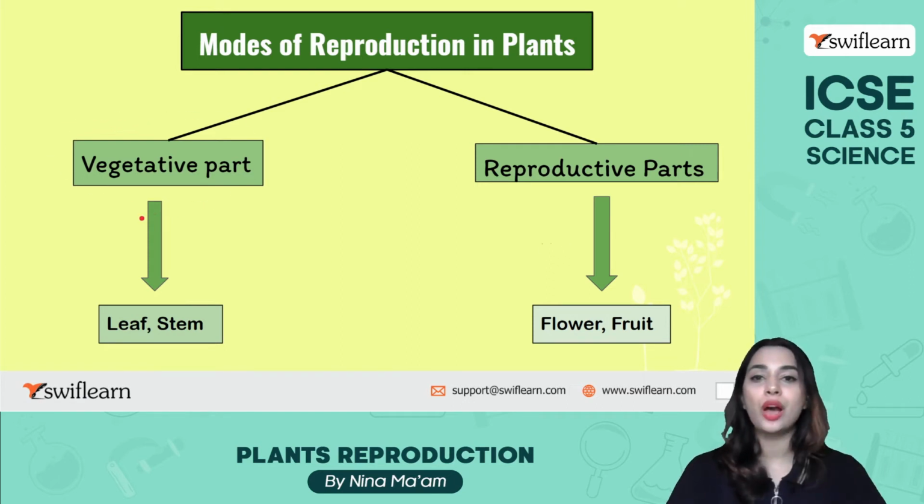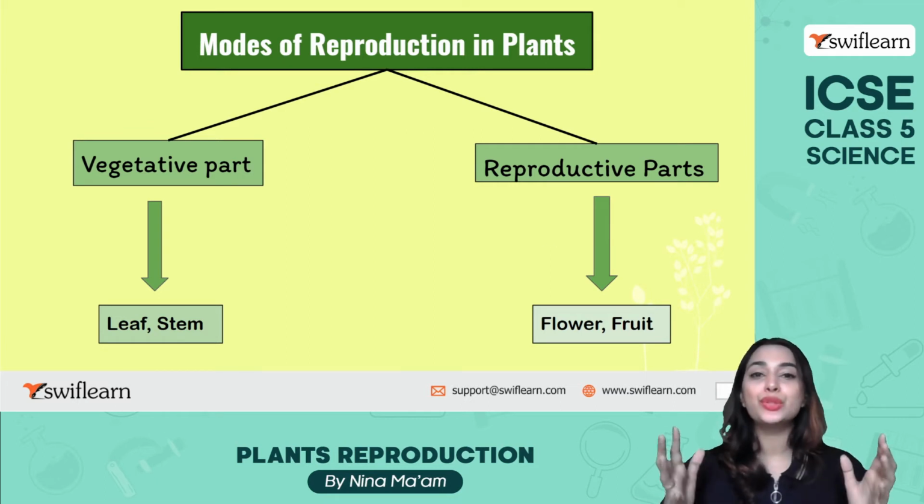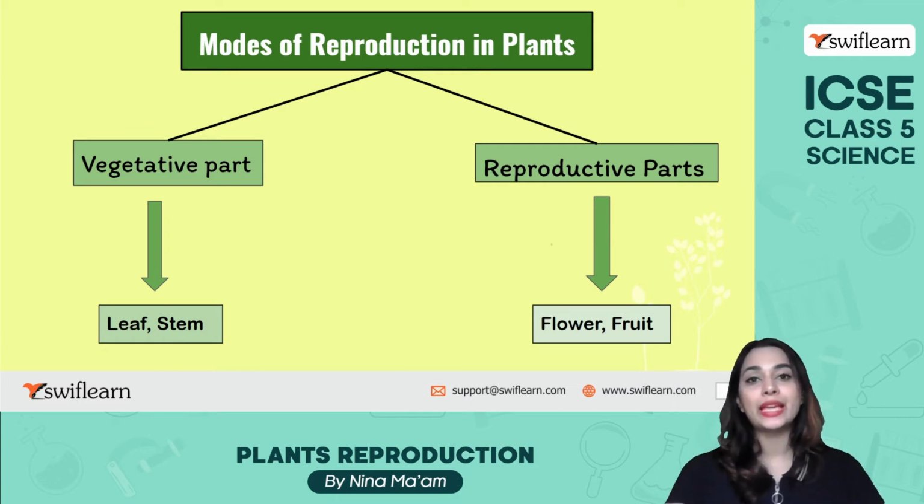Please note down, we can divide the mode of reproduction in plants into two. The first category is the vegetative part and the next category is the reproductive part. The leaf and the stem come under the vegetative part. In the reproductive part, you can see the flower and the fruit.